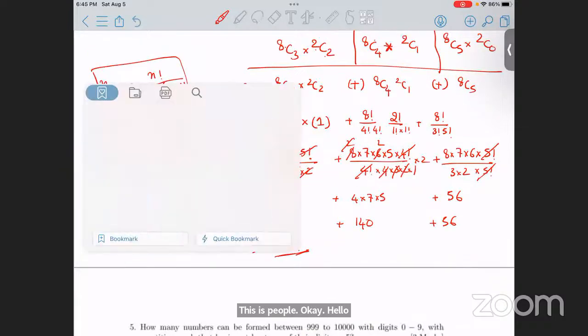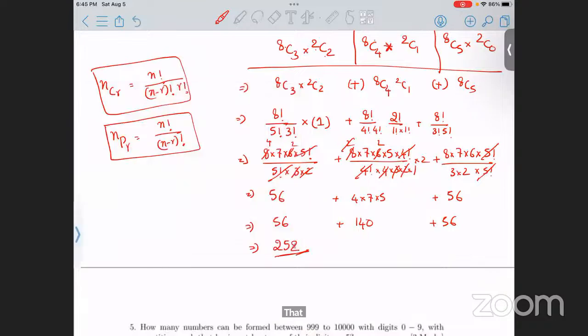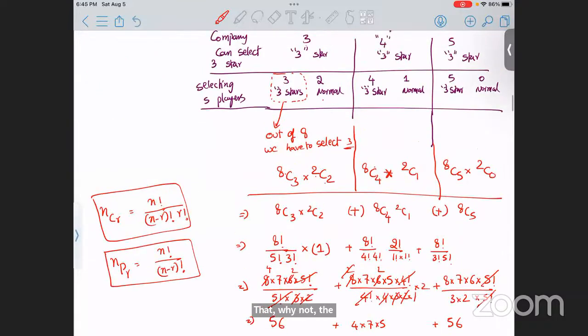Sir, why not 10C5? Look, 10C5 gives 5 players out of the whole 10.